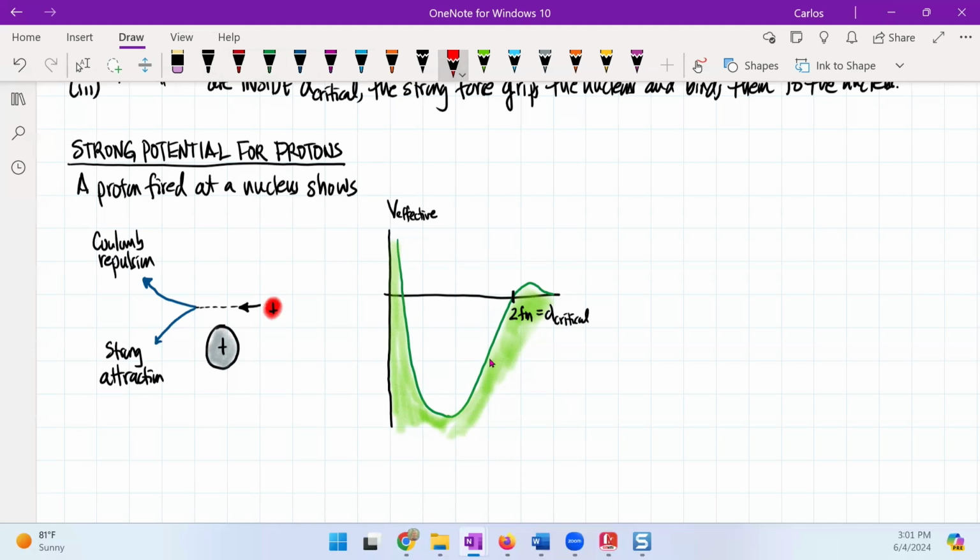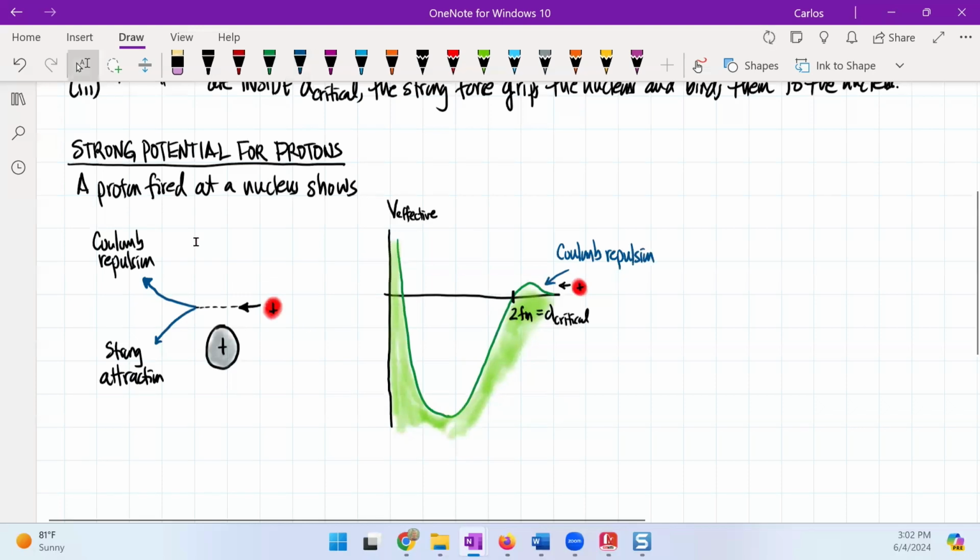If I fire a proton, what actually happens? I shoot this proton, and you can see there's a little bit of a hill. This little hill shows what we call Coulomb repulsion.